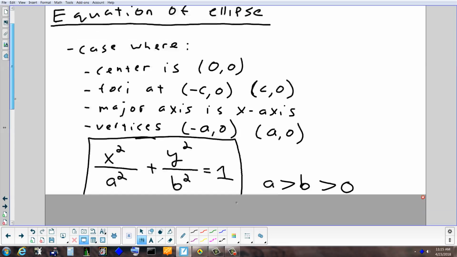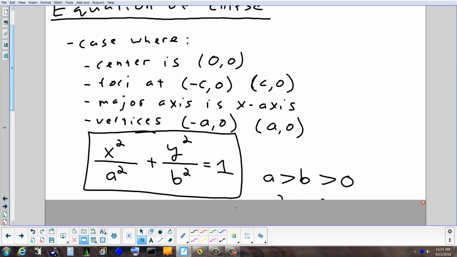And that's the equation. So the equation is x squared over a squared plus y squared over b squared equals 1. So we mentioned this thing about c, but notice it doesn't appear in the equation at all. The only thing that appears in the equation is an a and a b.